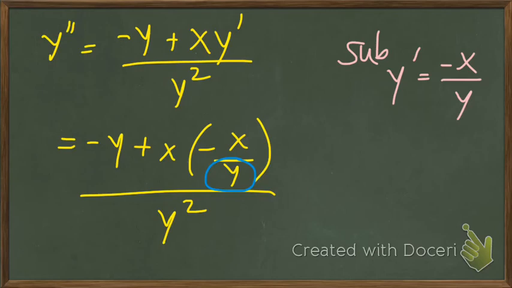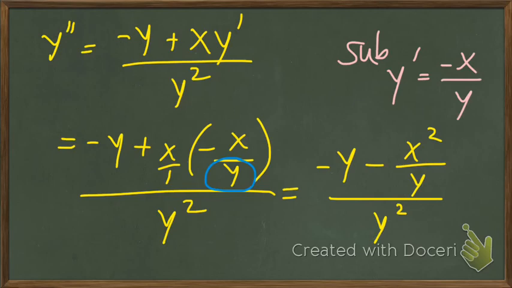Let's see what we're looking at here. So we've got a negative y, negative x times x up top, and understood 1 times y in the bottom, all over y squared. So I said that there are understood denominators here of 1 and 1.